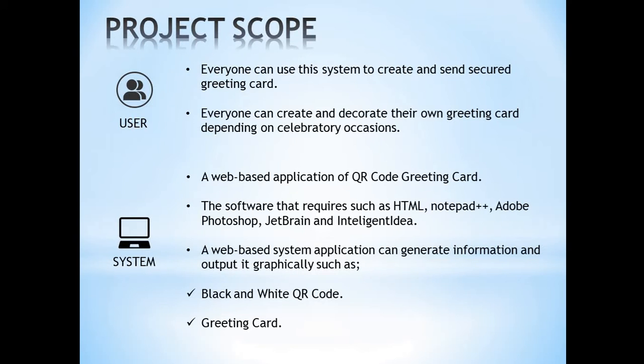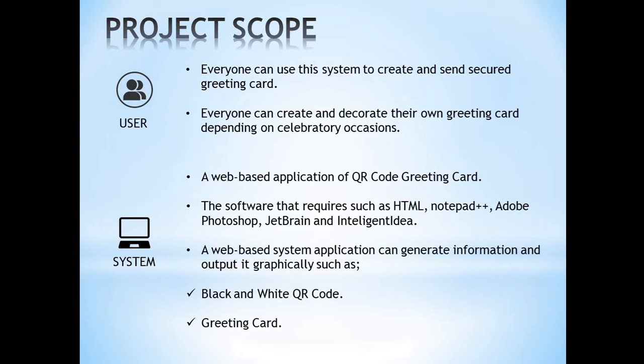We go to the project scope, where we have two types of project scope, which are user and system. For the user, everyone can use this system to create and send the secured greeting card. The sender is concerned with personalized and confidential messages and also the security of the card content.